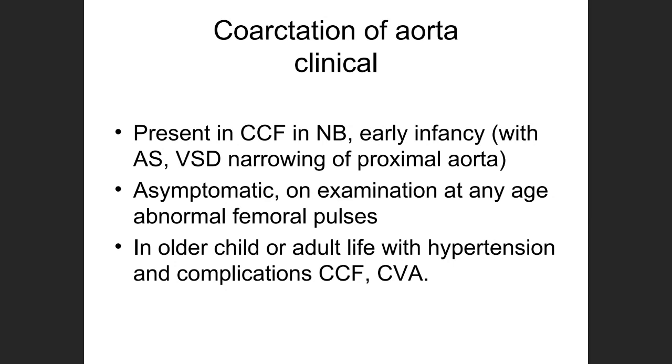And the other way in which you may detect coarctation of the aorta in an older child or an adult is during the investigation for hypertension, or the patient may present with complications of hypertension, such as congestive cardiac failure or cerebrovascular accidents. And those are the three ways in which patients tend to present with coarctation of the aorta.